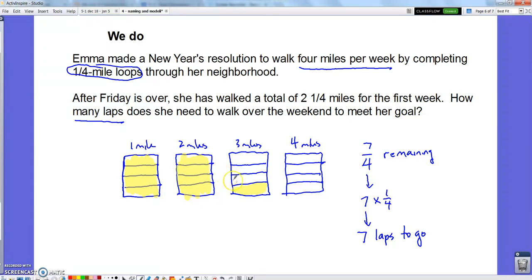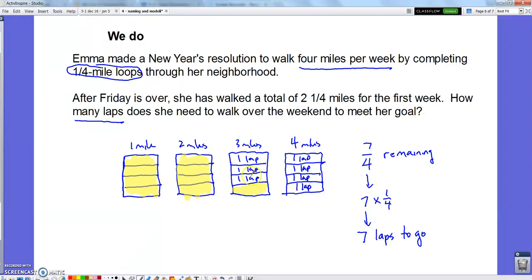And I can see those here, right? 1, 2, 3, 4, 5, 6, 7. Since she's walking 1/4 mile loops and I divided these into fourths, each one of these spaces represents 1 lap, right? 1 lap. 1 lap. 1 lap.